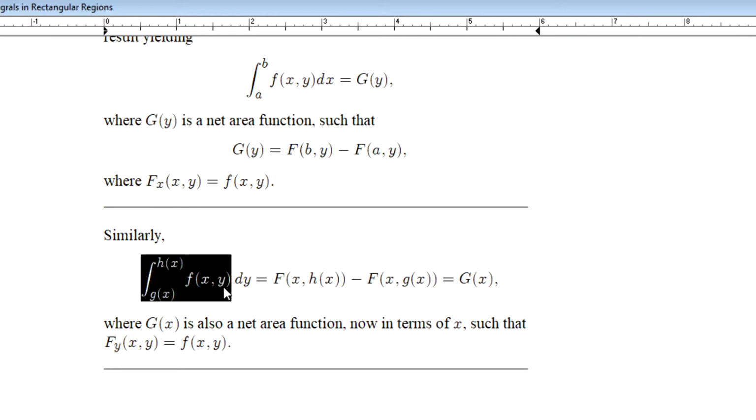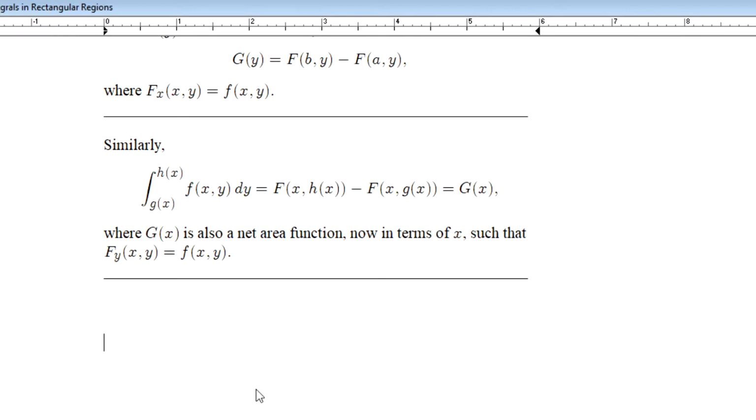But nonetheless, what we do note is that if we came back and considered finding the single integral operator applied to this multivariable function, little f, in terms of y, across these variable bounds, it does produce, as we understand, a function of x.